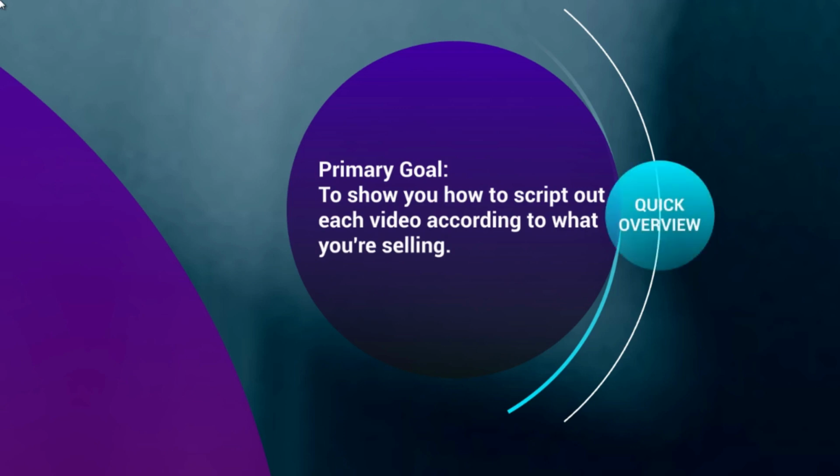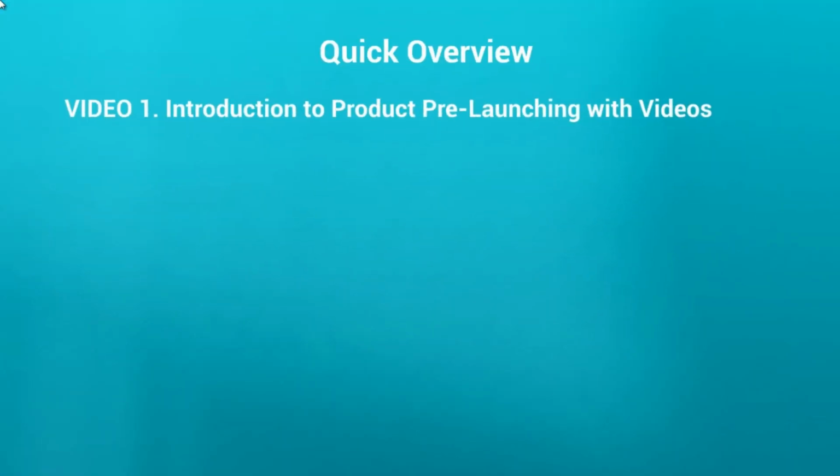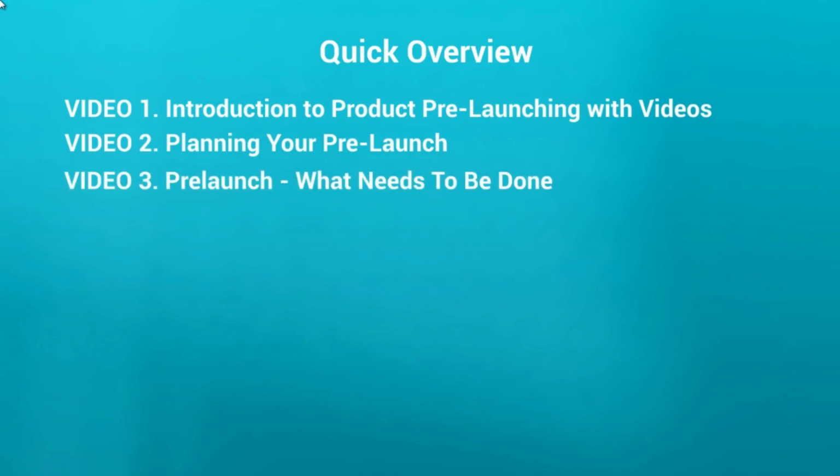Now, before we get started, I want to give you a quick overview of what's inside this video course. Video number 1 is, of course, this video. Video number 2 is planning your pre-launch. I wanted to make this video to make sure that we are on the same page. Video number 3, we're going to talk about what exactly needs to be done. And I'm going to show you a mind map.